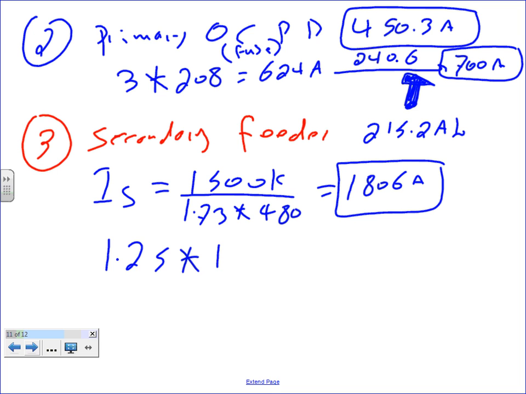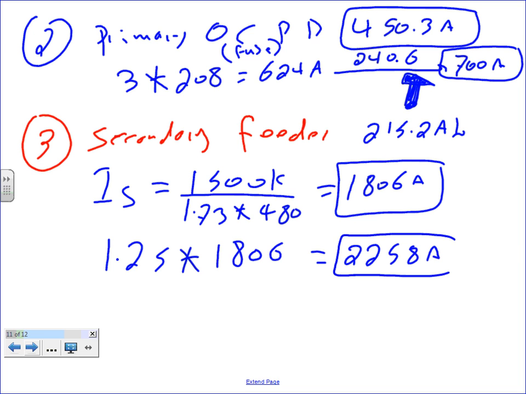Take this by 1806. What would that give you? That will give me 2258 amps. Now disclaimer, my big assumption, guys, is that this is a continuous load. If it wasn't a continuous load, I could easily size based on 1800.